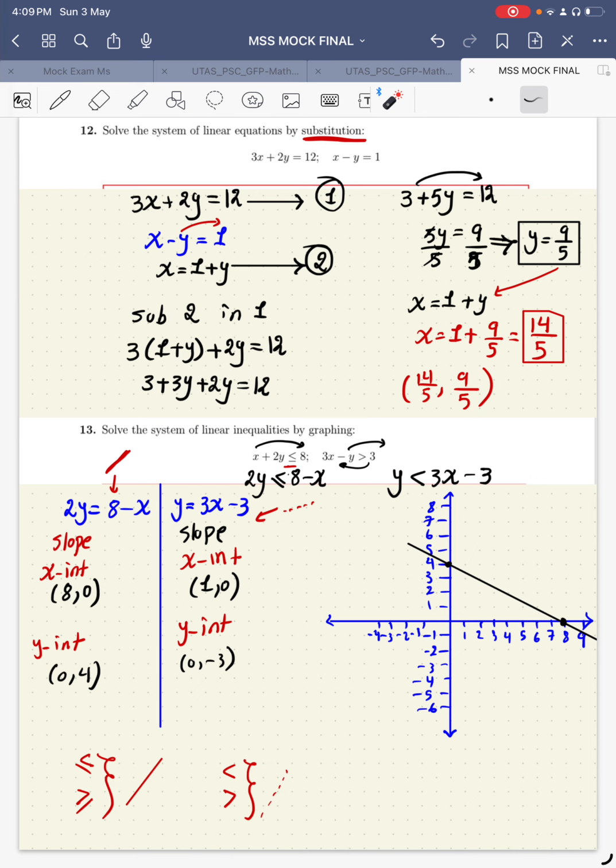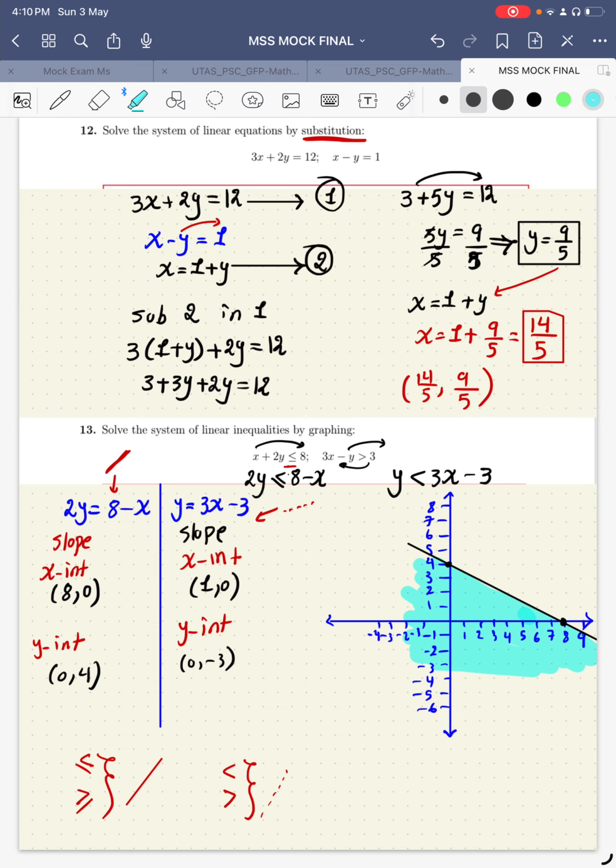Obviously 8 minus x is greater than y. So in that case, since 8 minus x is greater than y, the solution gonna be under the curve. So under the curve, we're gonna have our solution like that. So that's gonna be my solution, for example.